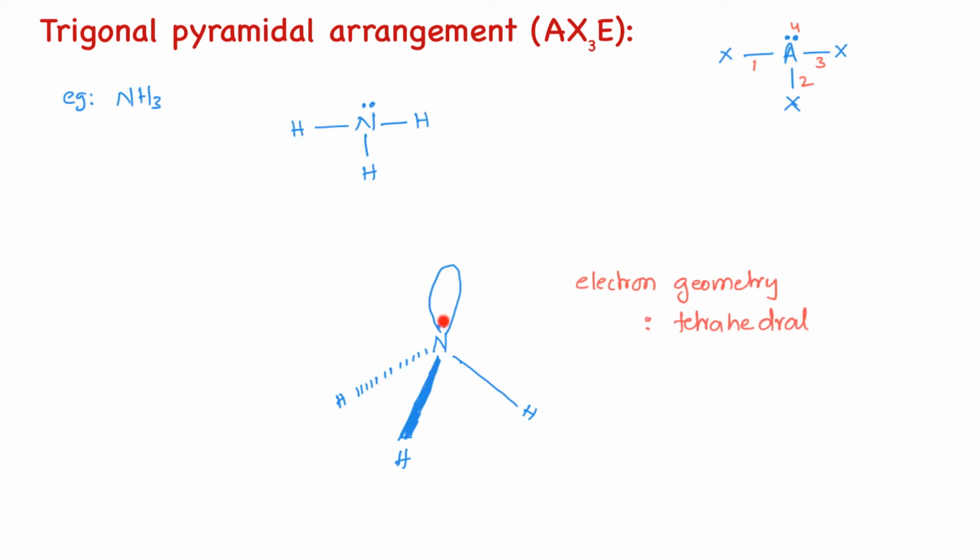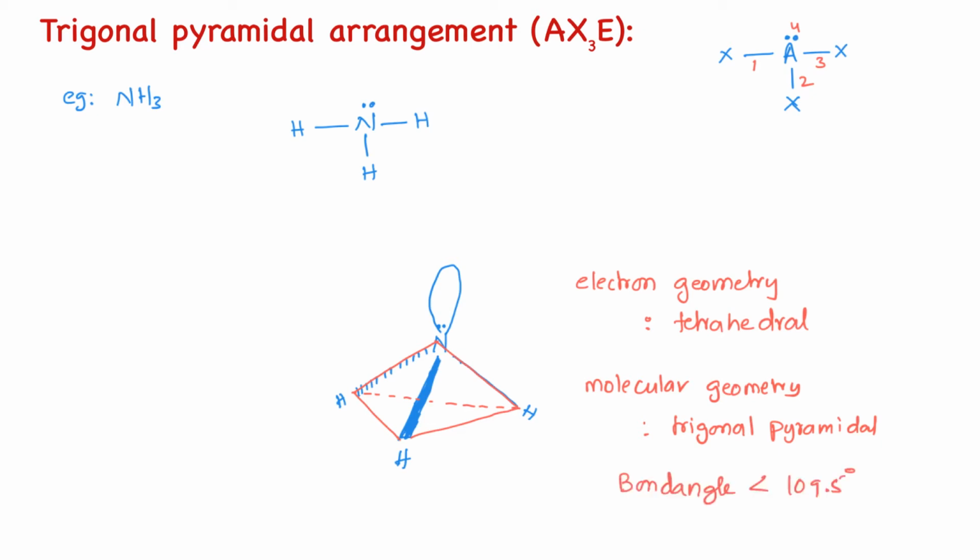However, one of the corners of the tetrahedron shape does not have an atom, and it is replaced by a non-bonding electron pair, also called a lone pair. Therefore, the remaining shape looks like a trigonal pyramidal with a bond angle of less than 109.5 degrees.